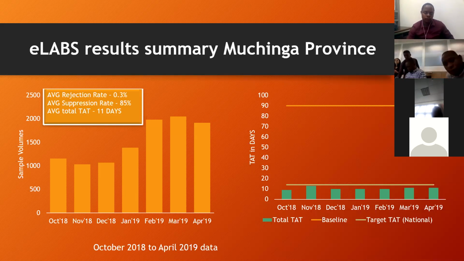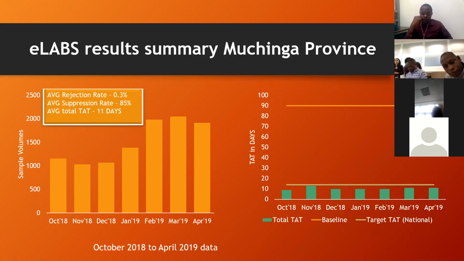On the right, we have the turnaround time in days. The upper bar on the 90 is before we came into the lab equipped with the eLABS project, and we believe that eLABS has helped us to reduce the turnaround time.